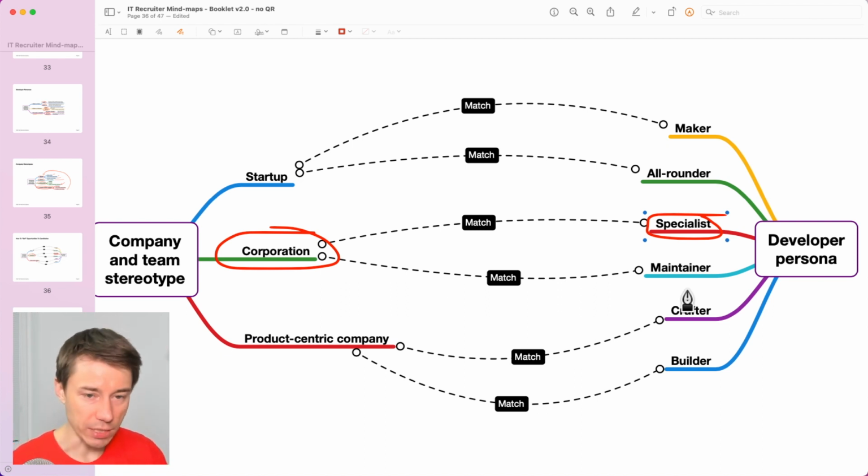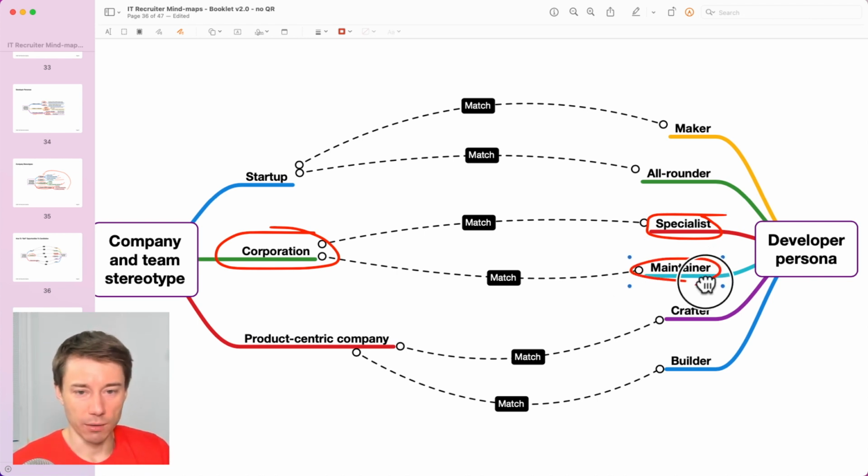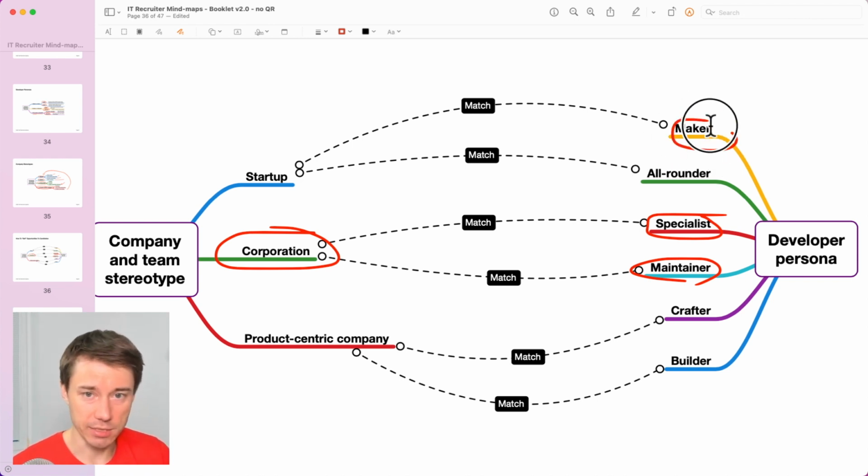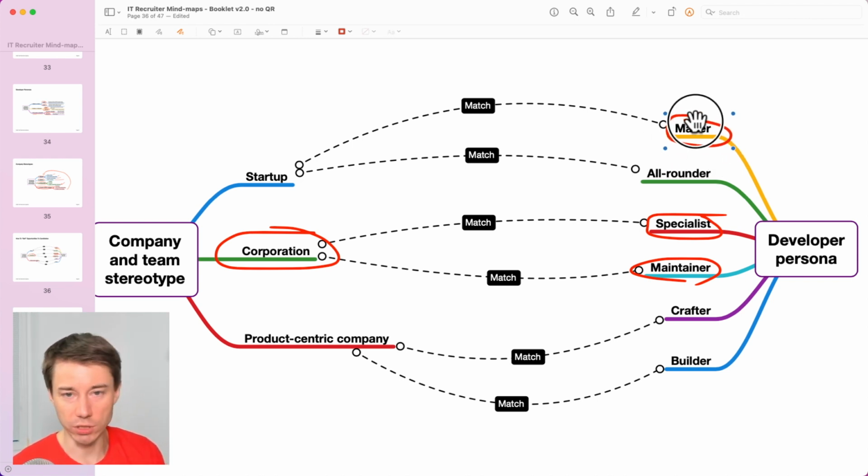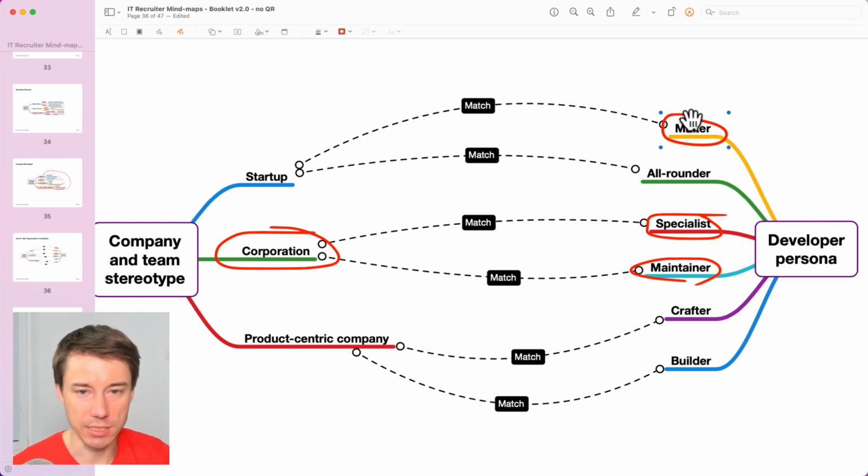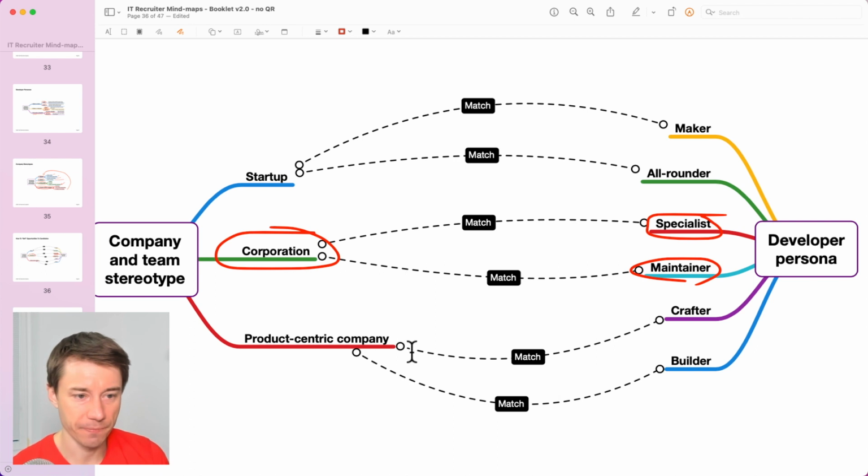So someone needs to fix it, right? So this maintainer would be a good person. But if we had, for example, a maker there instead, the maker would be really annoyed after a few weeks to just keep fixing some little things here and there.